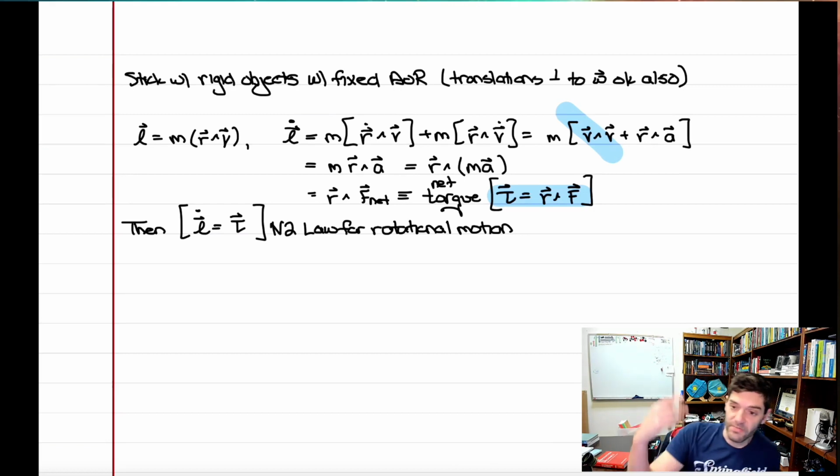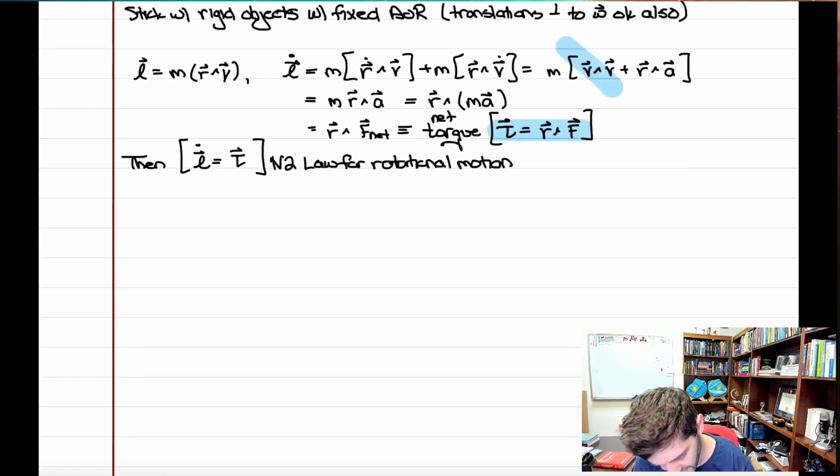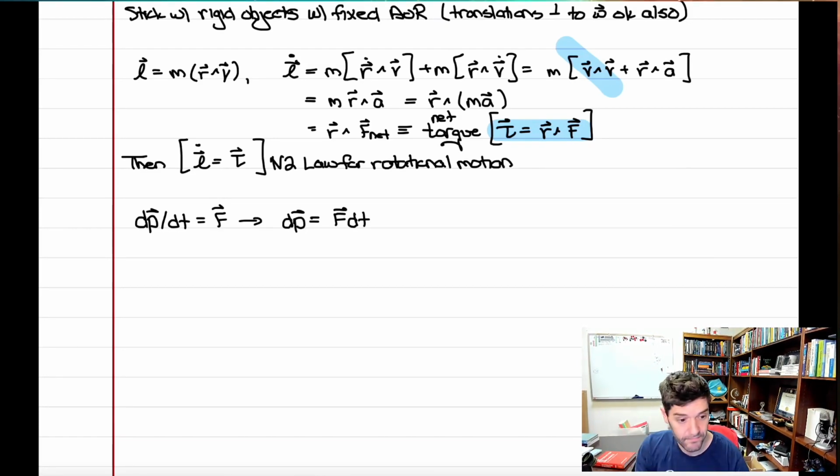If forces change momentum over time, then torques change angular momentum over time. And again, the analogy in this case is very clear. How does momentum change with time? Well, we said that's a force, such that we could write the change in momentum is force over time.